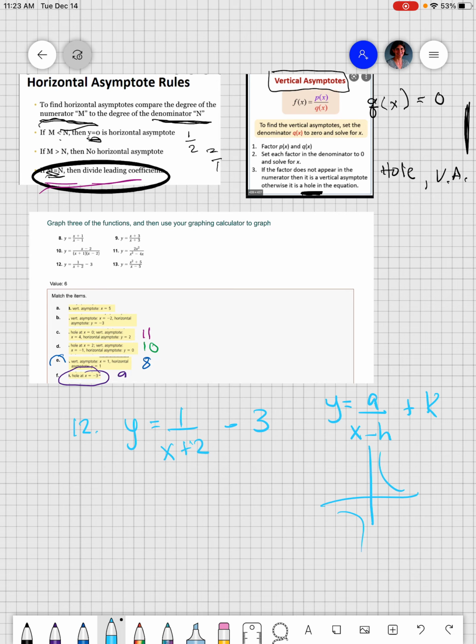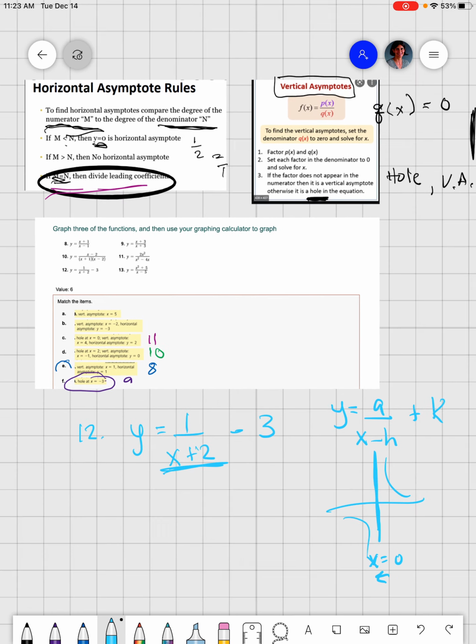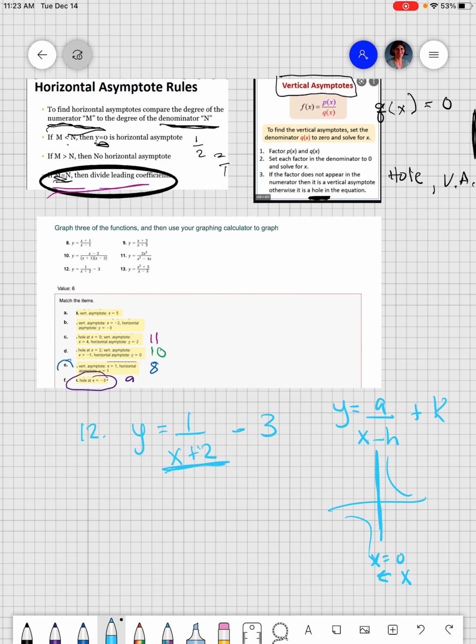So if my vertical asymptote was at x equals 0 on the normal graph, this value is moving that around. So this is going to move it 2, it says plus, so remember horizontal translations are always opposite. So this means my vertical asymptote will shift to -2.